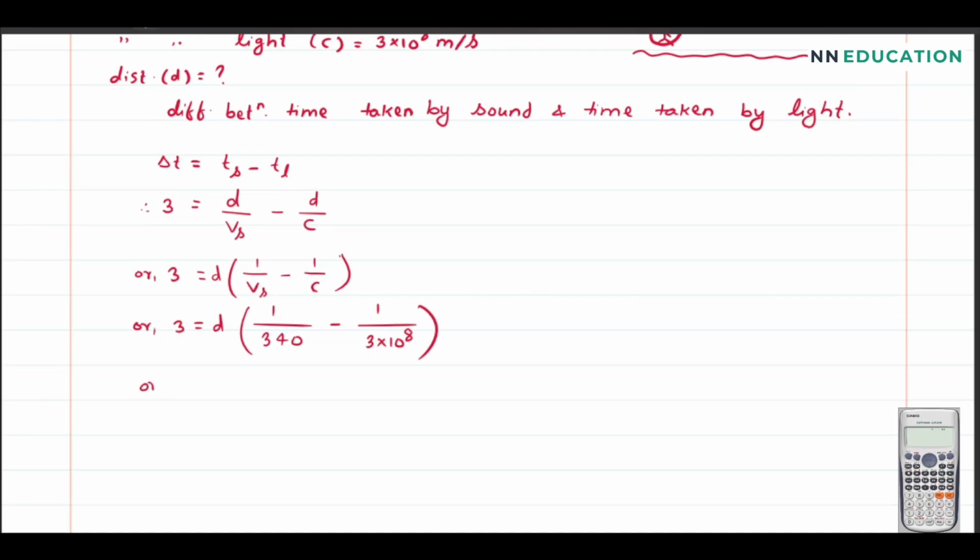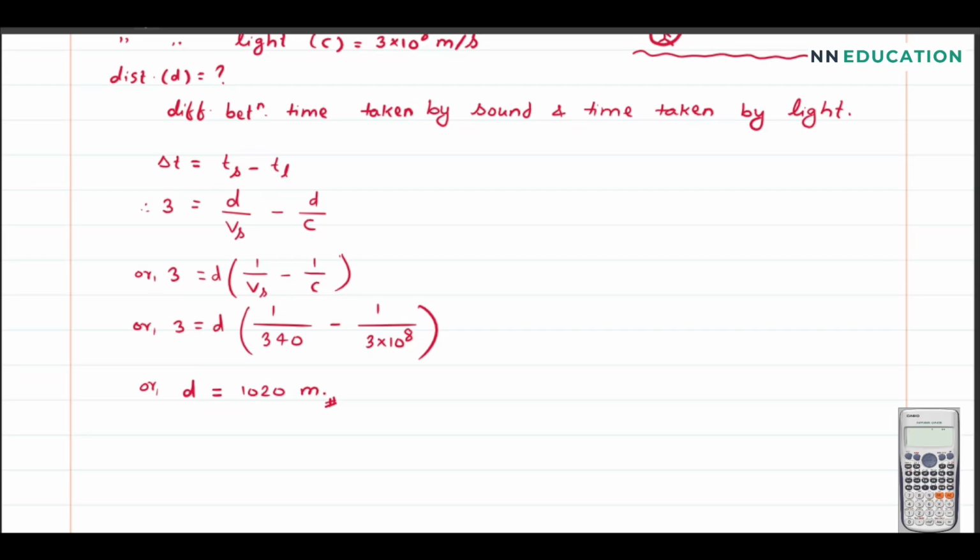Or you can simply calculate d as approximately 1020 meters.